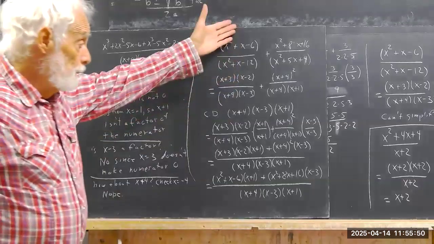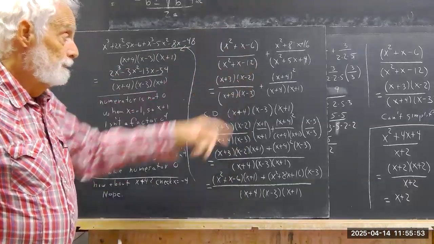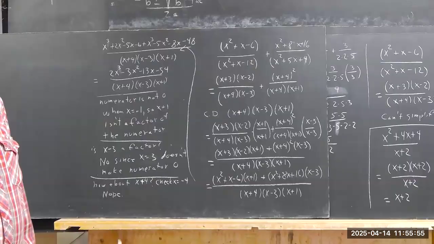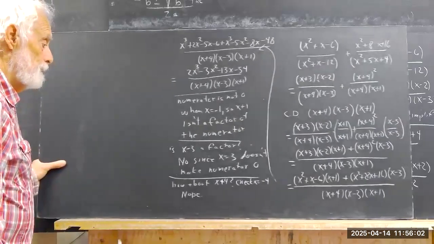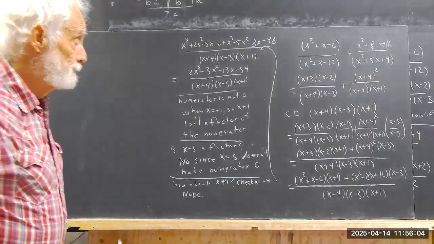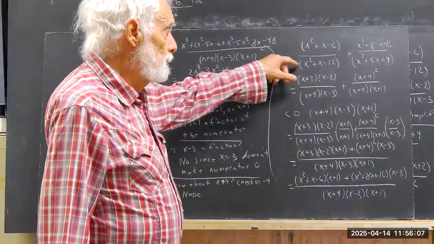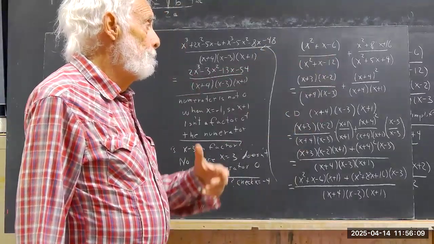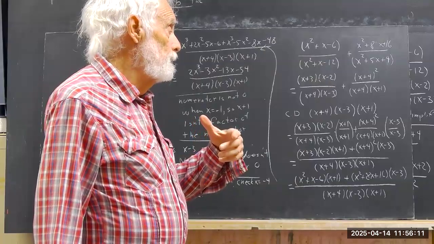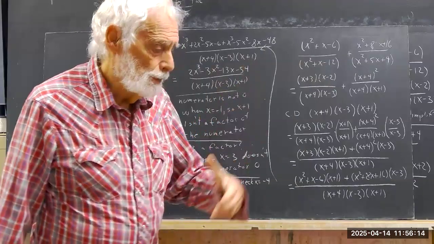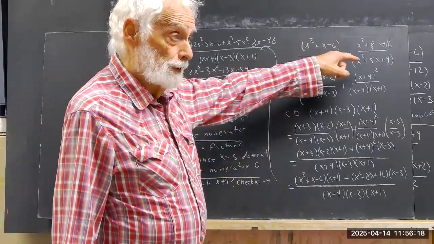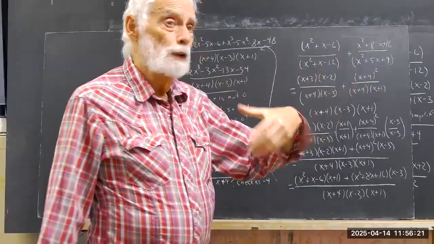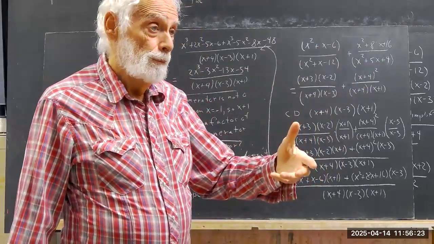Now that's the complete process of adding two rational expressions. And in this course, the rational expressions will all be second degree polynomials with quadratic factors like x squared plus x minus 6. Stuff you know how to factor pretty easily.